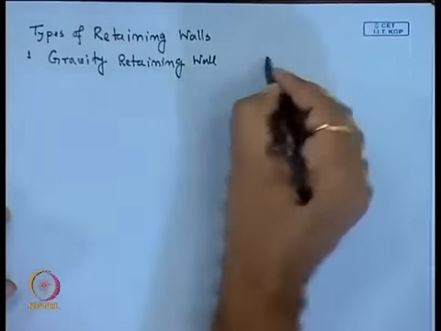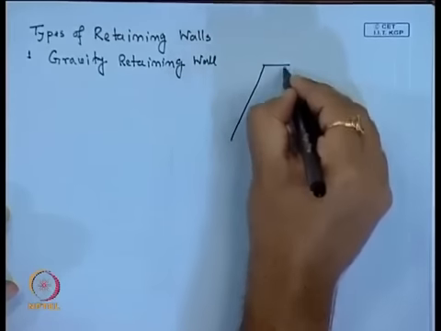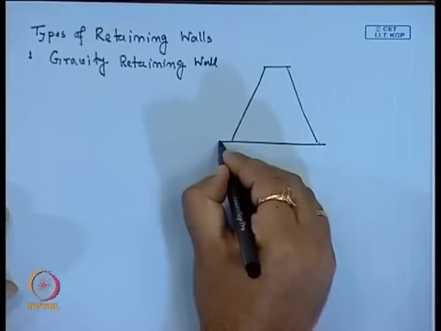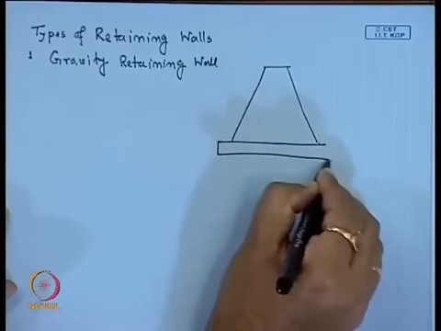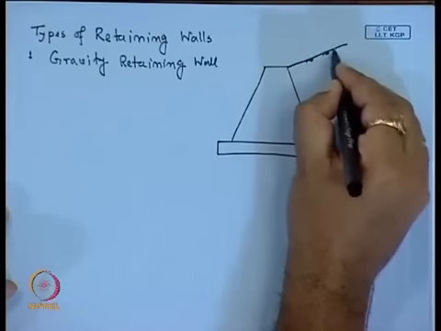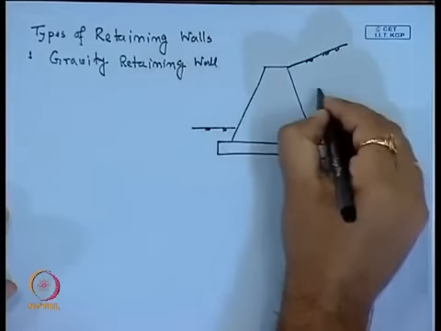Where can we go for this type of arrangement? This is the ground surface, and this is the filling material.